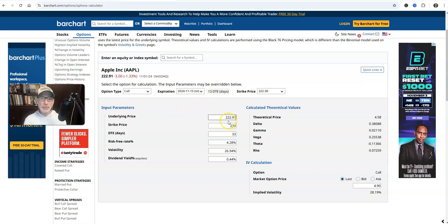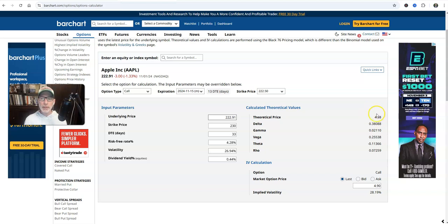So if the current stock price is $222.91, that's where Apple closed at the end of this past week on November 1st, 2024, and we've got the strike price of 230, 33 days left to expiration, and we have these other numbers here. And it's giving an option value, that 230 strike call option is worth $4.58 per contract, okay?